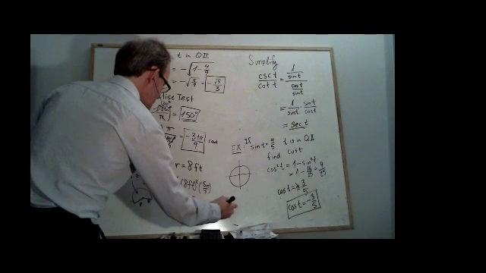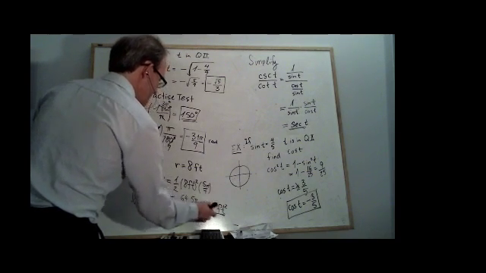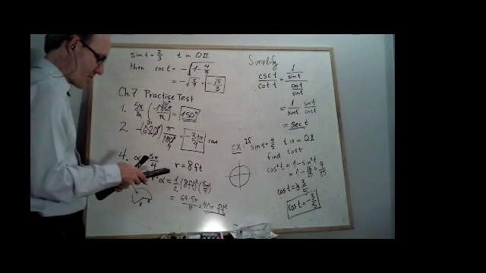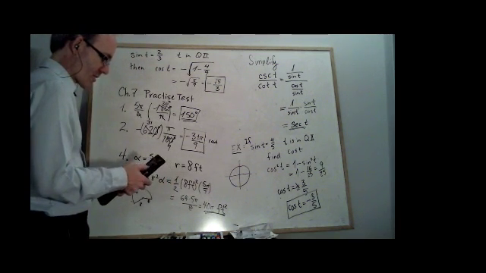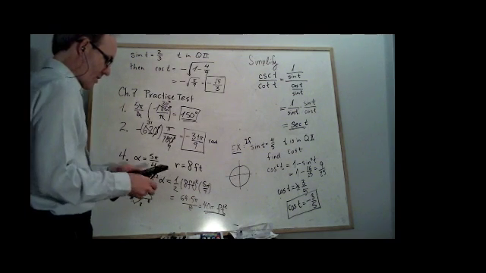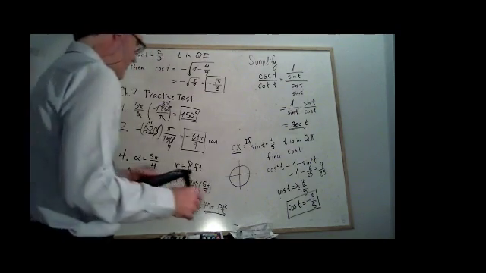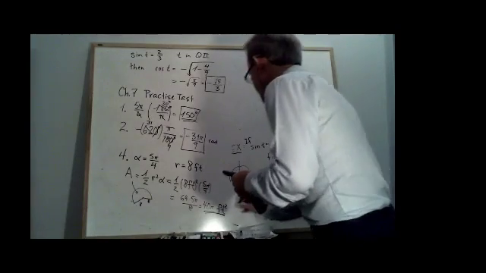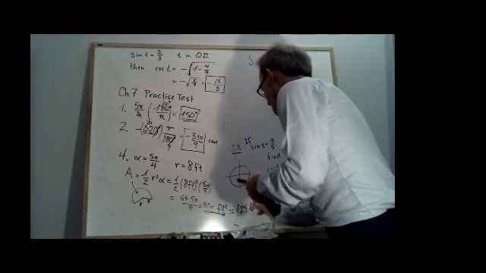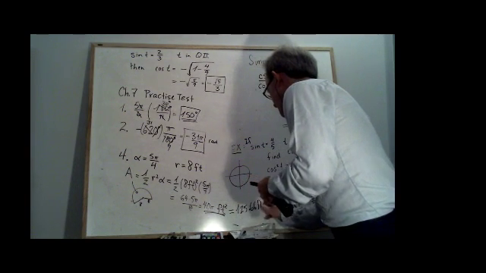And the units are square feet. And 40 pi is about 125.7 square feet.